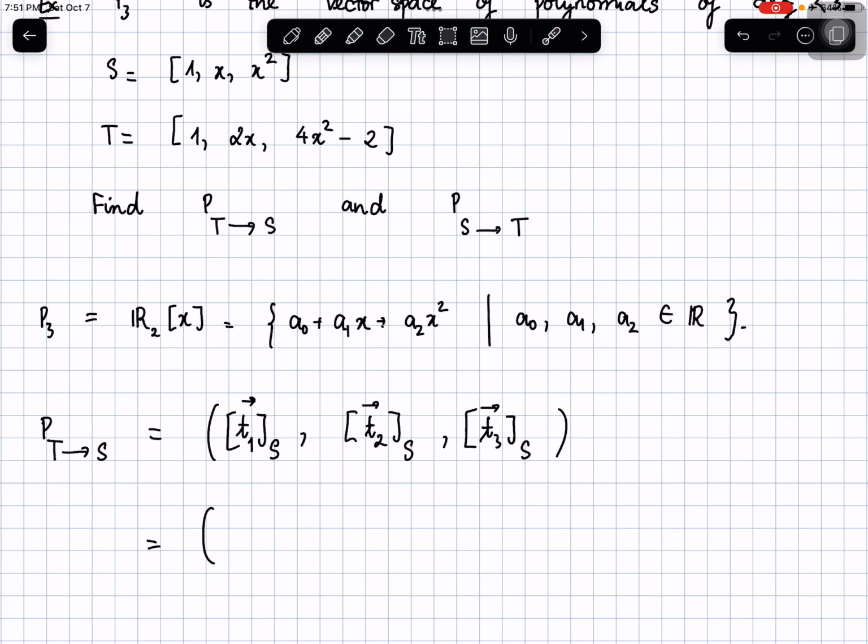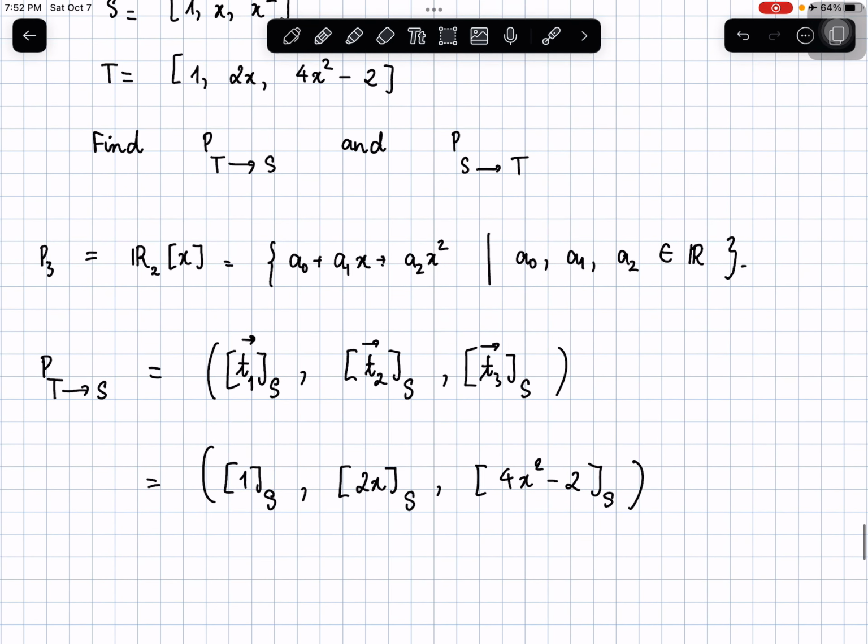T2 is just 2x, and T3 is 4x squared minus 2.